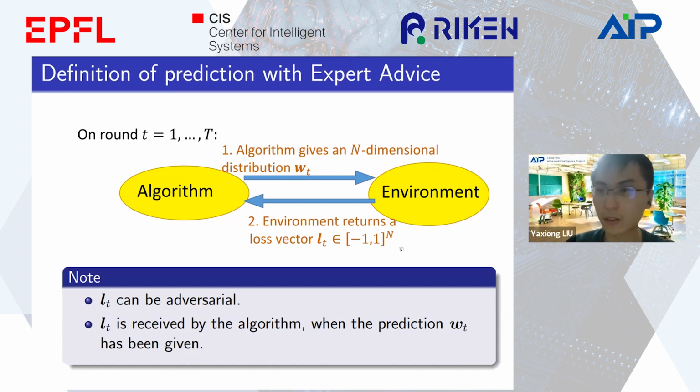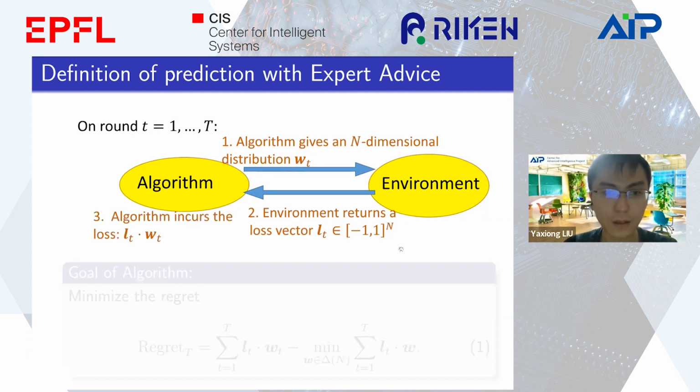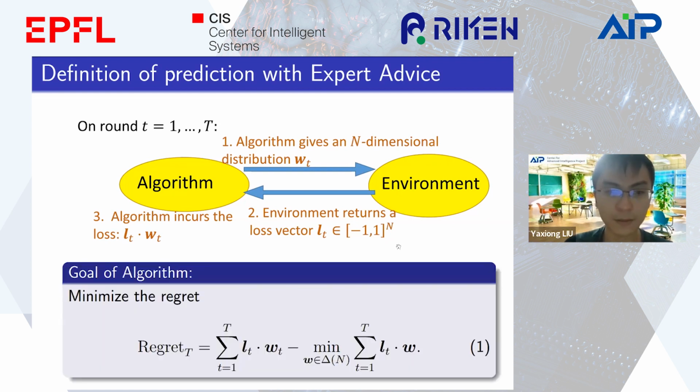So this is a prediction problem. Then for each round, the algorithm incurs the loss, the inner product between the prediction distribution w_t and the loss vector l_t. The goal of the algorithm is to minimize the regret, which is the difference between the cumulative loss and the global optimum in hindsight.